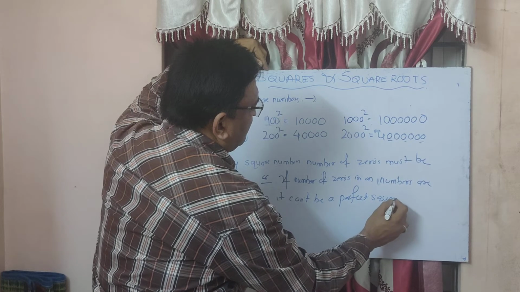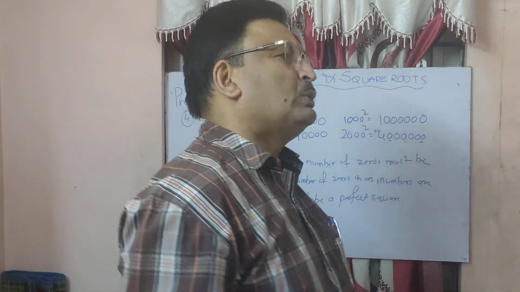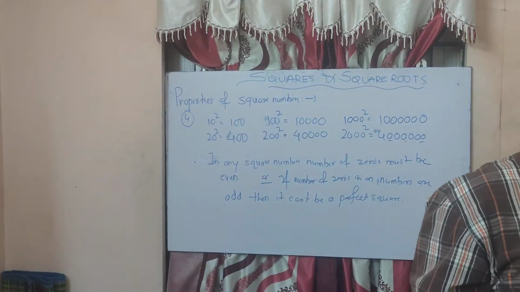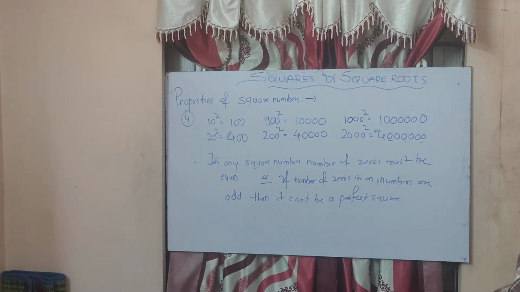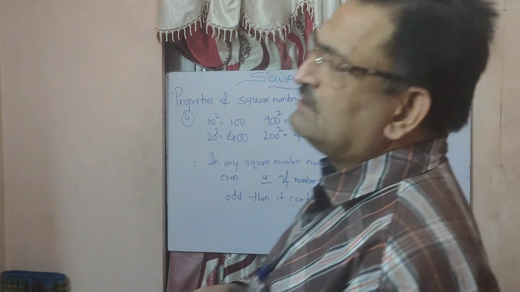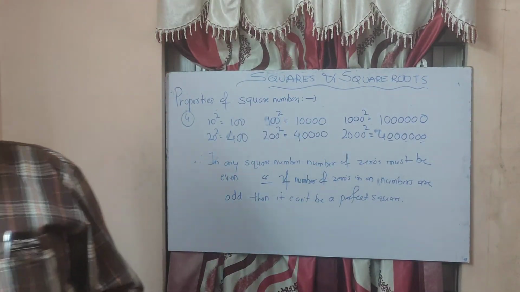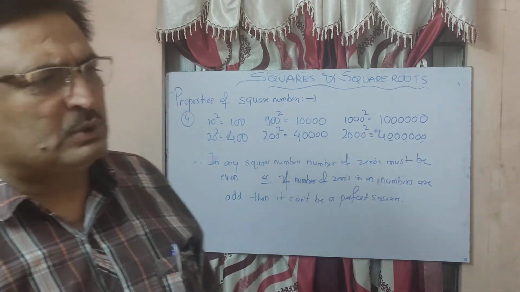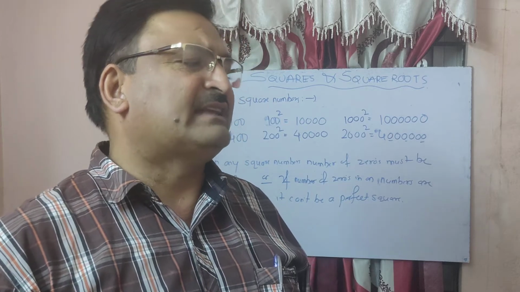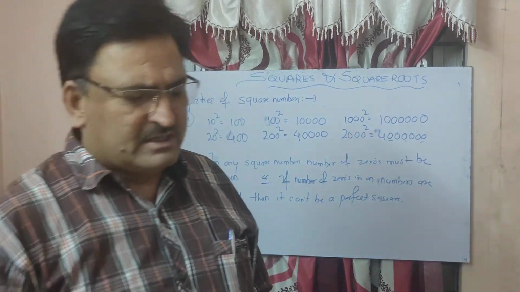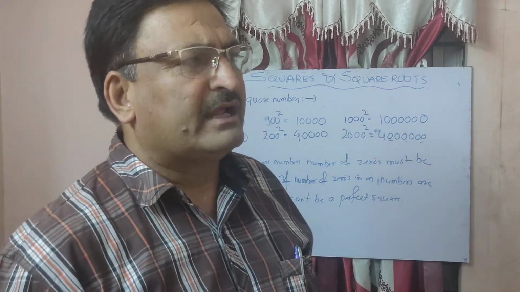To be a perfect square, the number of zeros will always be even. They may be 2, 4, 6, 10, 12, 14, 16, like that. If the number of zeros is odd, it may be 1, 3, 5, 7, like that, then you can say it cannot be a perfect square.